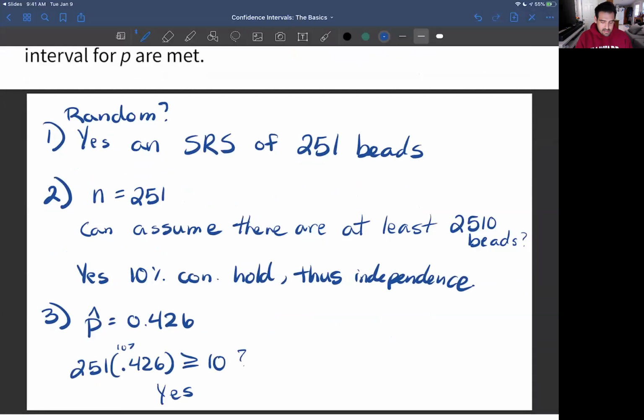We also need to do that for the probability of failure. So 251 times 1 minus the 42.6%. Is that greater than or equal to 10? Well, if we do that, we get 144. So yes, all of our conditions have been met.